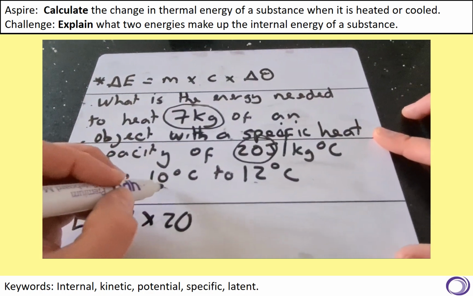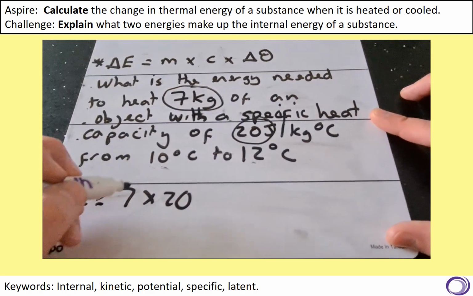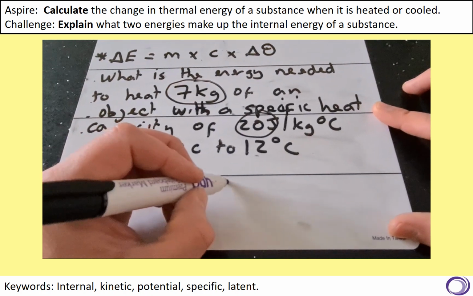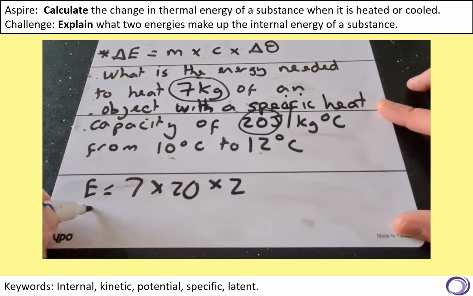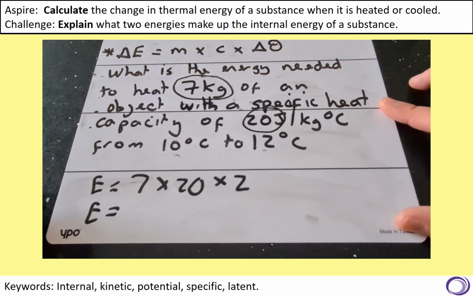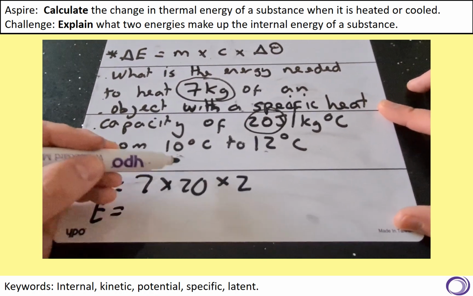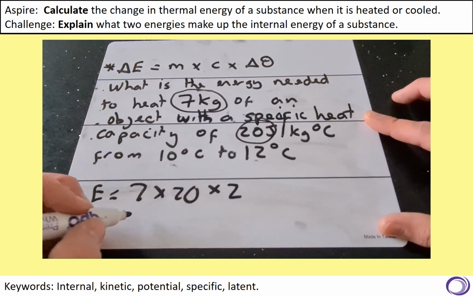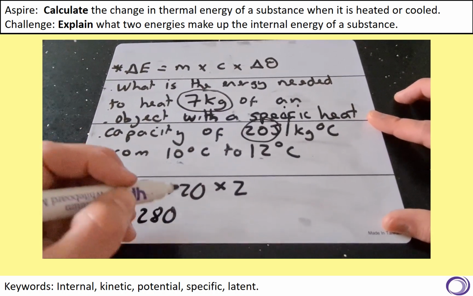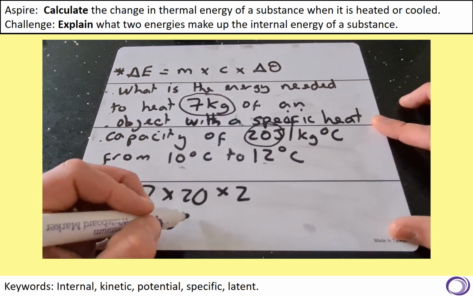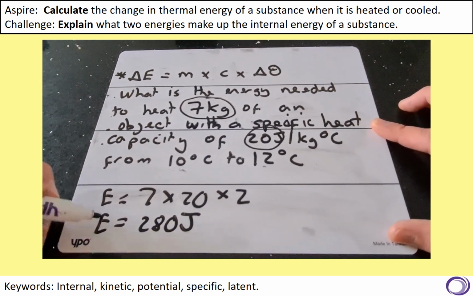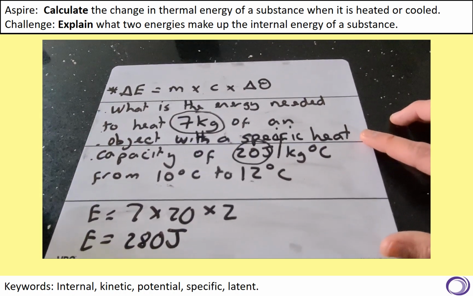So it's from 10 degrees Celsius to 12 degrees Celsius. So the change in temperature has been 2 degrees Celsius. And then you would put that into your calculator, and please do use your calculator in your exams. 7 times 20 is 140, times 2 is 280, and you have to remember the joules on the end because energy is measured in joules.